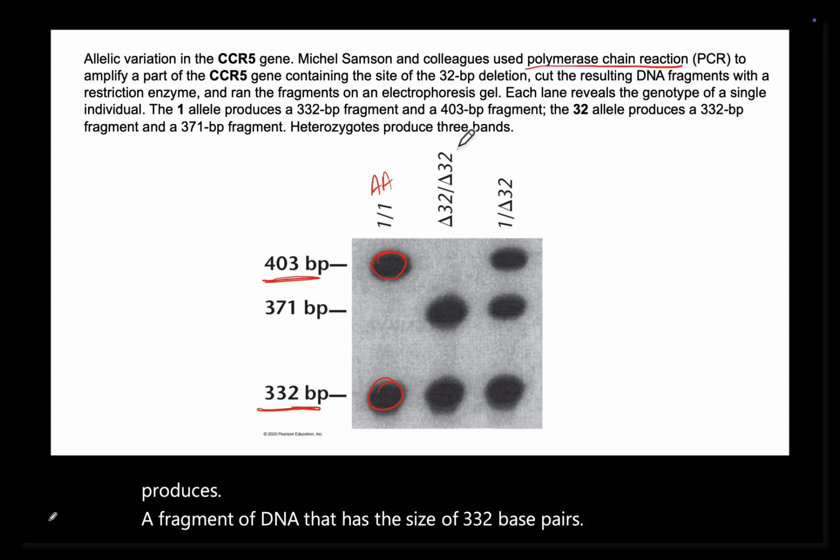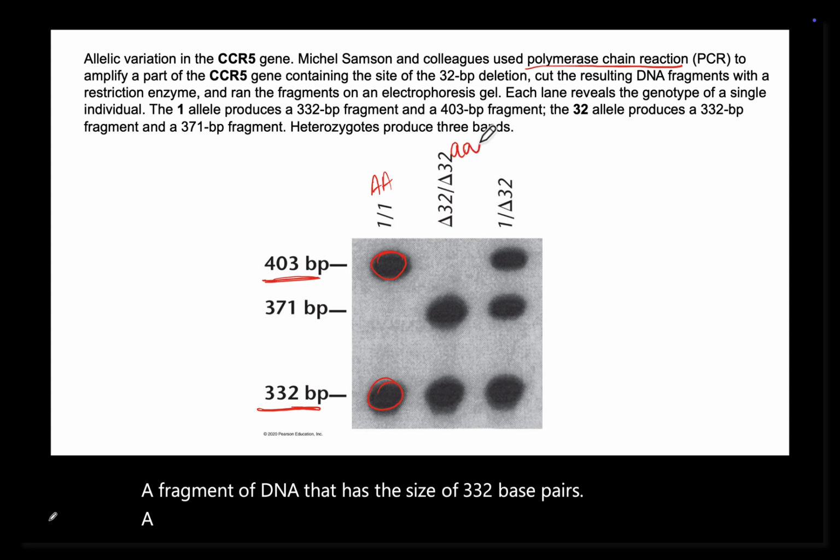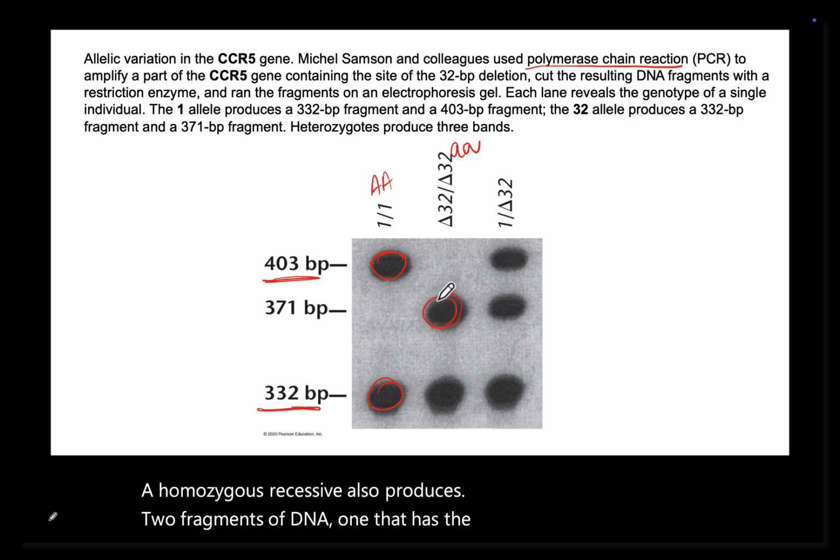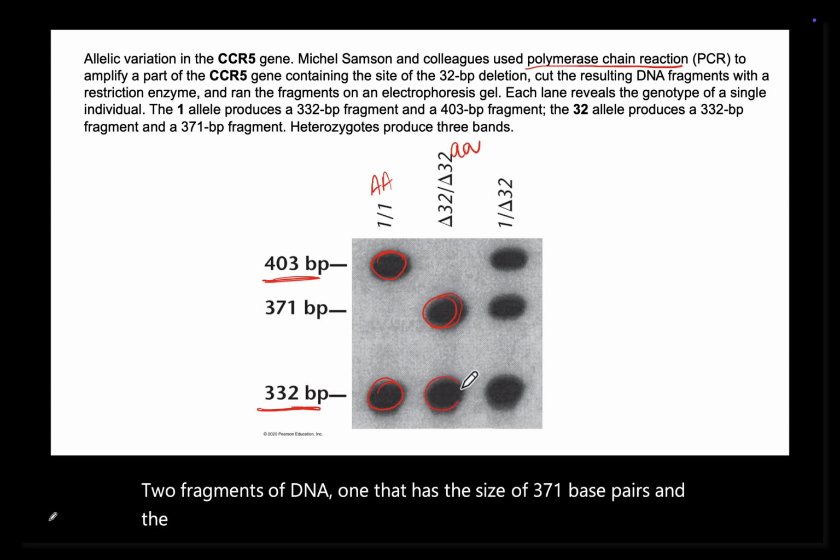A homozygous recessive also produces two fragments of DNA. One that has the size of 371 base pairs, and the other fragment has the size of the 332 base pairs.